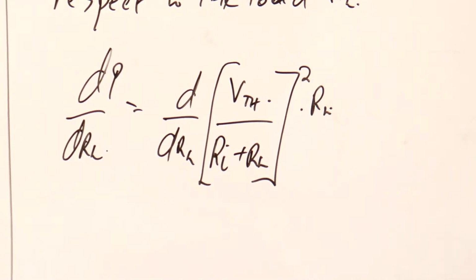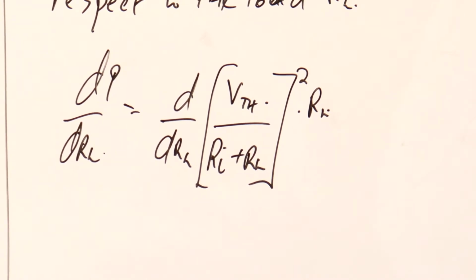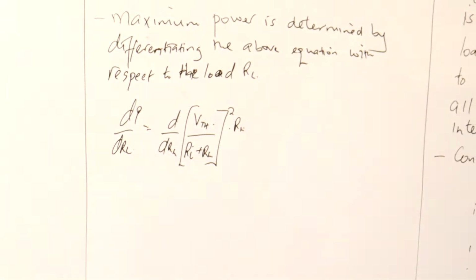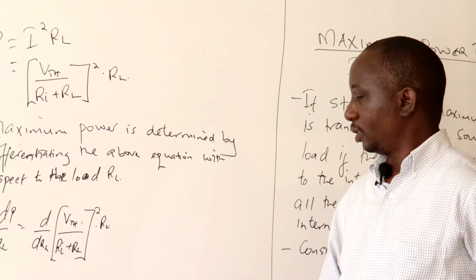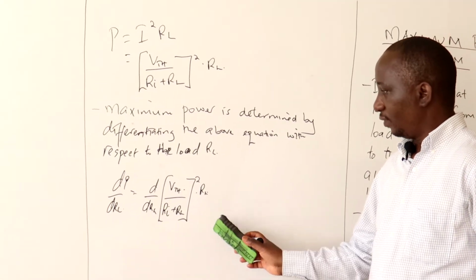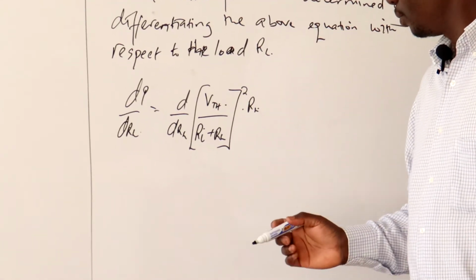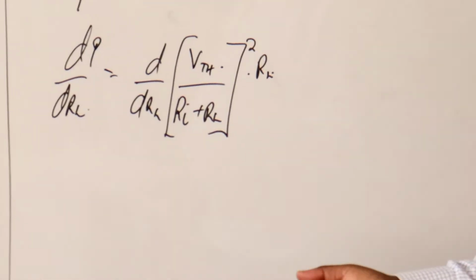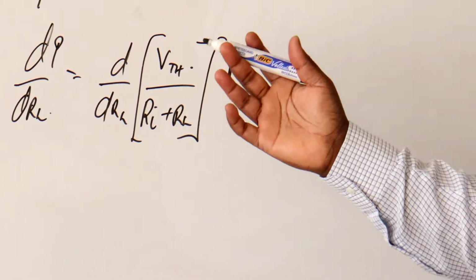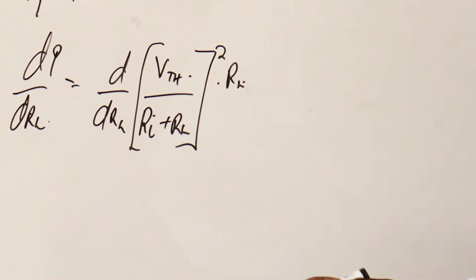When differentiating this, we use the quotient rule, the differentiation of a dividing expression. There's an RL, but VTH is a constant which can be taken out.